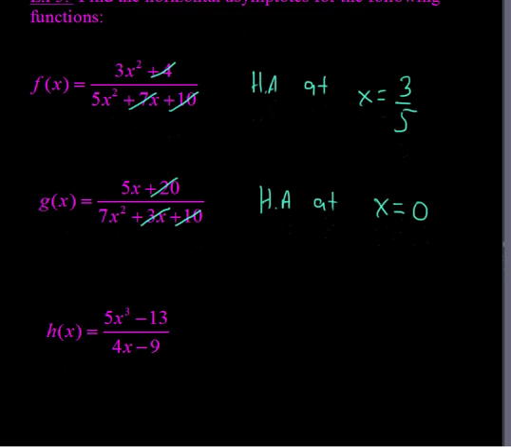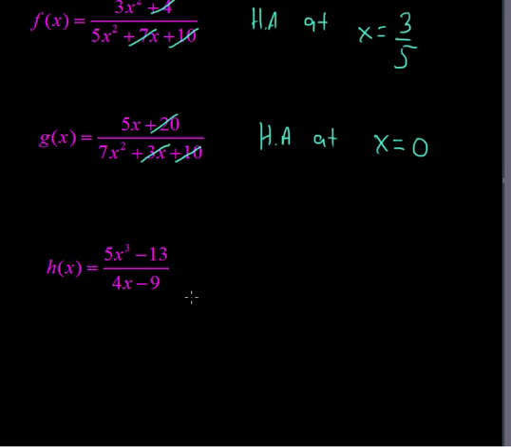All right, one more example here. In this case, the numerator is 2 degrees higher than the denominator. That means the numerator is going to get larger much faster.